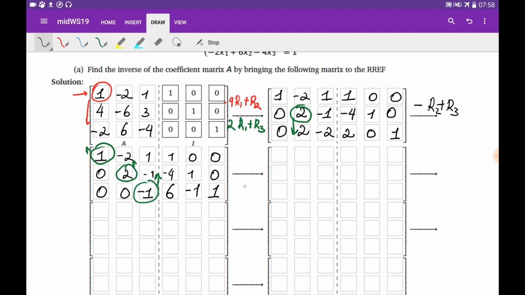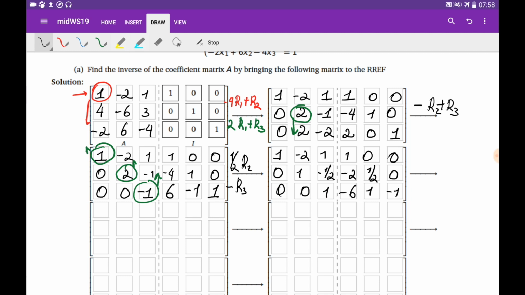So we multiply the third row by minus 1, and we multiply the second row by 1 over 2. In this case, we're going to obtain 1, minus 2, 1, 1, 0, 0, 0, 1, minus 1 over 2, minus 2, 1 over 2, 0, 0, 0, 1, minus 6, 1, and minus 1.